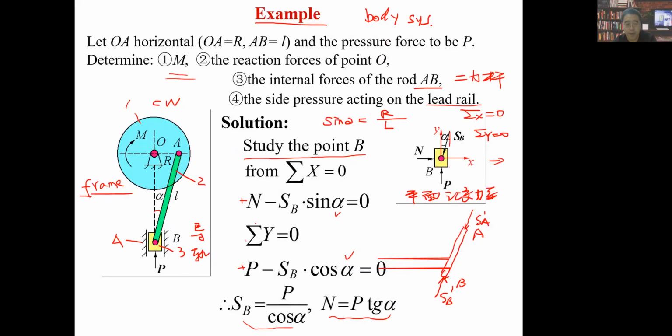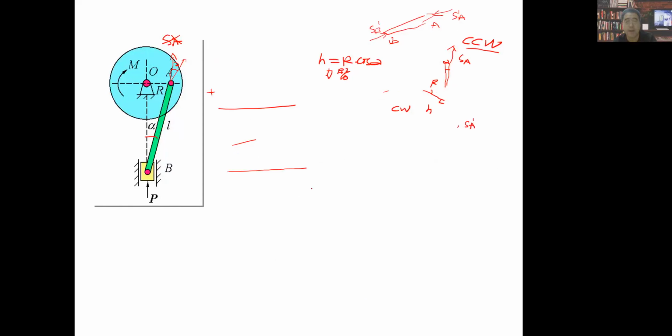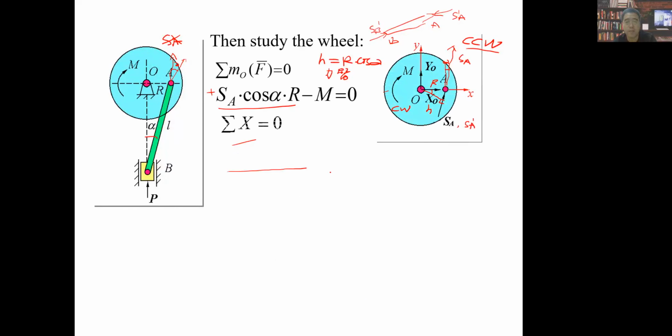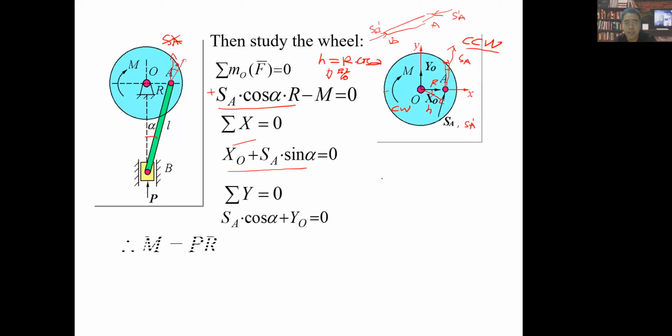We have SA equals SB equals P over cosine alpha, right? So that means SA equals P over cosine alpha. Actually, we have M equals SA times cosine alpha times R. So SA times cosine alpha times R, this one will be eliminated, right?